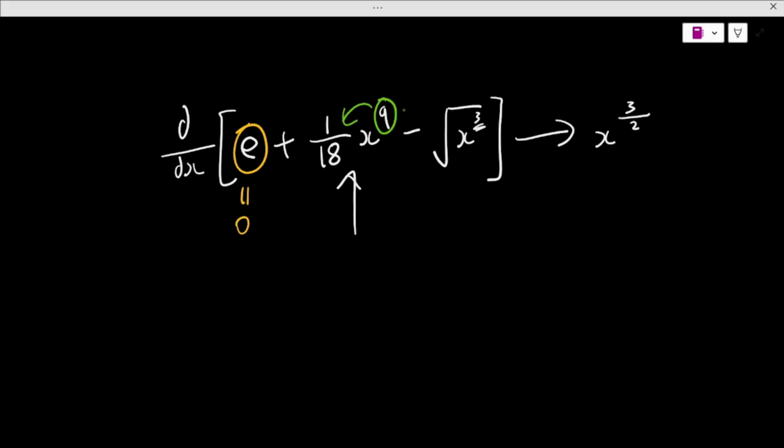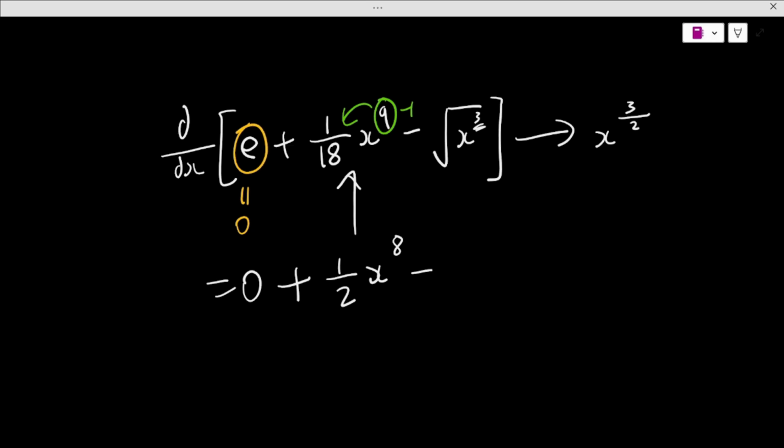Bring 9 down, minus 1. When we bring down the power, we are going to get 9 over 18, which is half, x to the power 9 minus 1, which is 8.